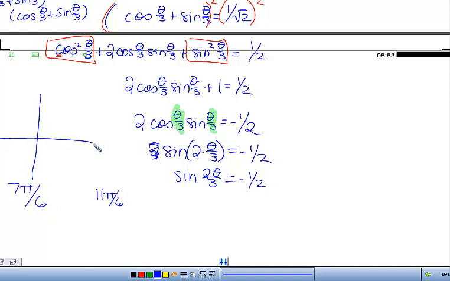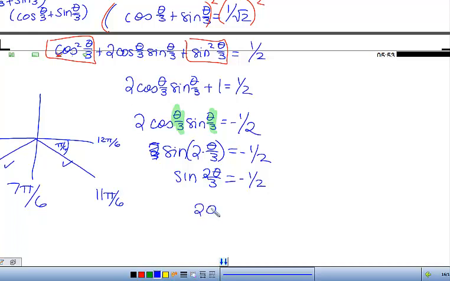We know that sine of 30 degrees, or sine of pi over 6, is 1/2, but I want to know where we get negative 1/2 for sine. Of course that happens in quadrants 3 and 4. If I have a reference angle of pi over 6, this is 12 pi over 6, and so that's how I get 11 pi over 6. On the other side, we'd have 6 pi over 6 plus pi over 6, which gives us 7 pi over 6. So those are the angles that give me negative 1/2.